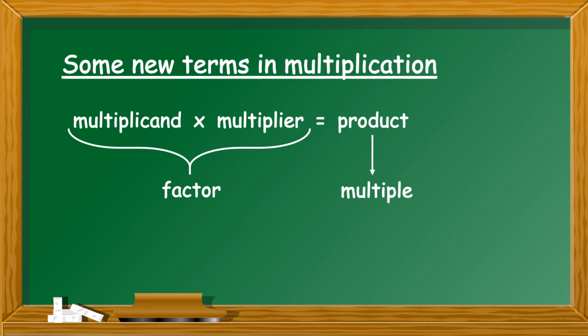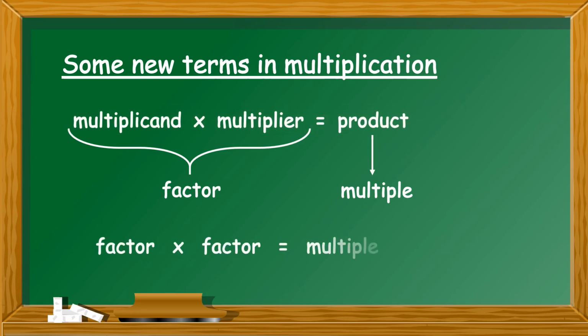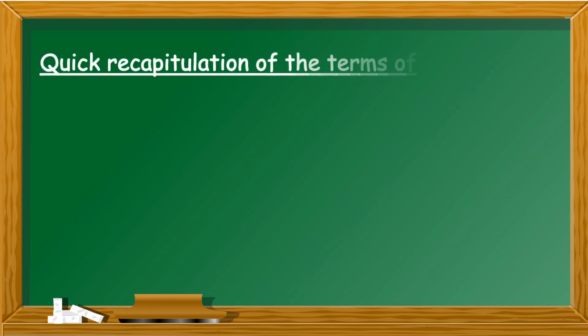The two new terms that you learnt are factor and multiple. So instead of multiplicand into multiplier is equal to product, we can also say factor into factor is equal to multiple. We'll end with a quick recapitulation of the terms of multiplication.